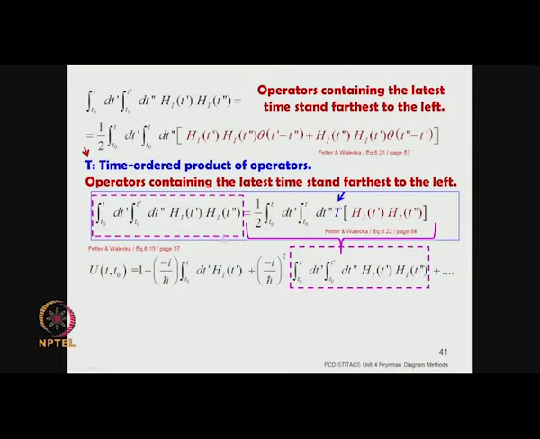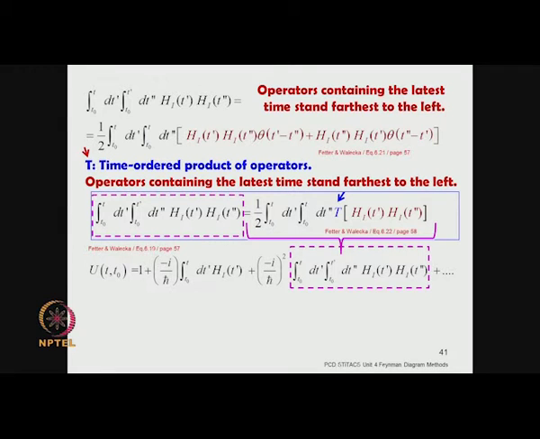Okay? And that is achieved by this time order operator, the T operator. So, this integral you can write in terms of the T operator. So, now instead of the Heaviside step function theta, I have exactly the same effect which is represented by the T operator. Okay?